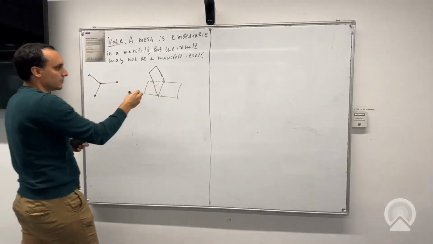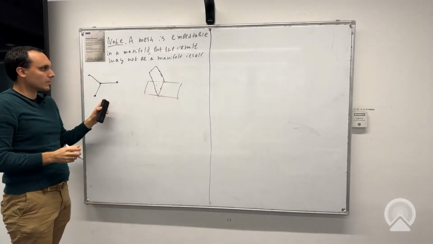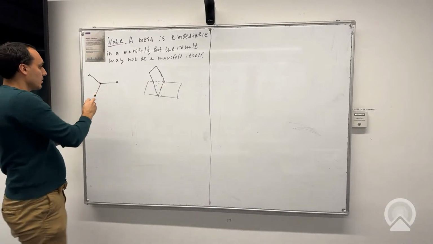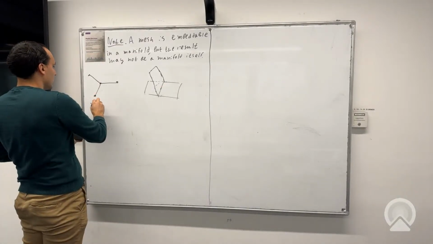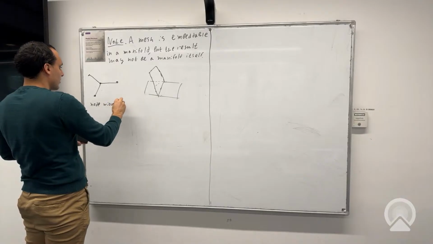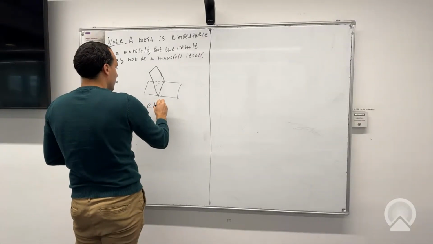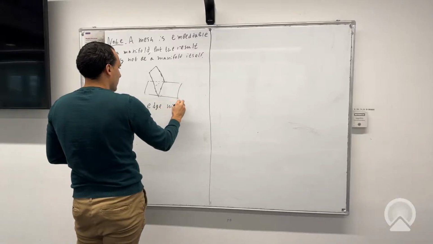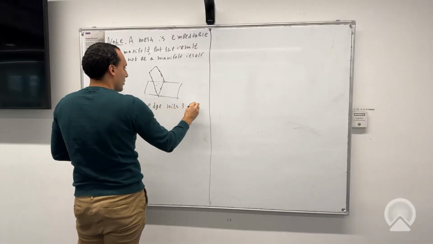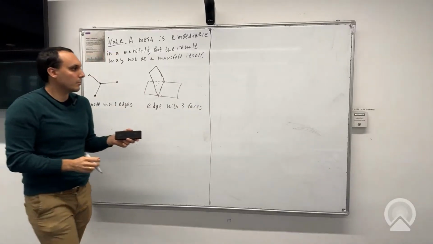So here again, this edge has a node with 3 edges and an edge with 3 faces, or more. So this is not a valid 2D manifold.